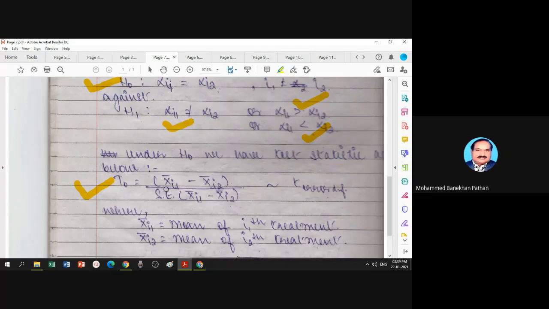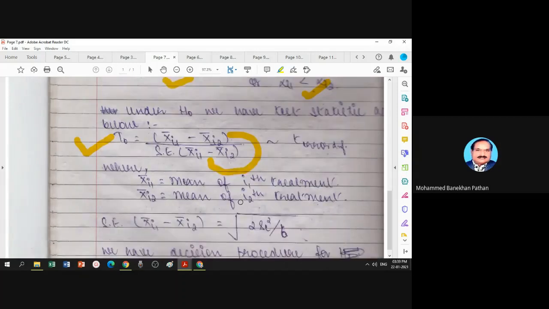So average effect of the first treatment minus average effect of the second treatment, divided by the standard error of this difference. This is taken in the denominator for getting the standard error. How to explain this formula? X bar I1 is the mean of the I1th treatment, X bar I2 is the mean of the I2th treatment.